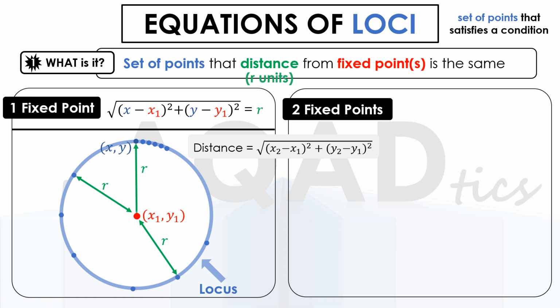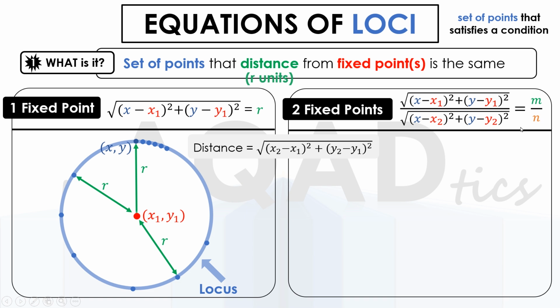For two fixed points, it's almost the same thing, except that the distance formula would be stacked upon each other, as you can see here. Now we have two kinds of distance, one is m and one is n. This means we have two fixed points, x1, y1 and x2, y2, and we need to find the points which are m units away from the first fixed point and n units away from the second fixed point.